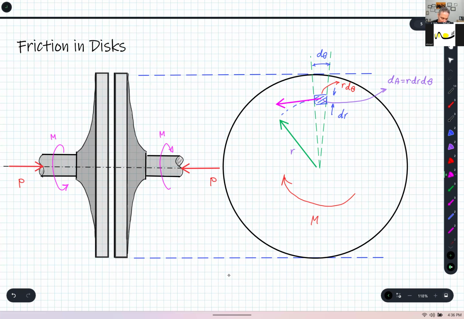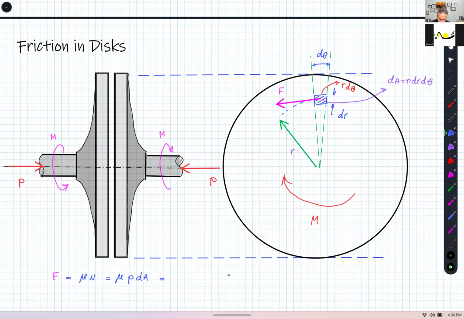Let's call that friction F. F is equal to mu multiplied by N, and N, the normal force here, is pressure multiplied by dA.